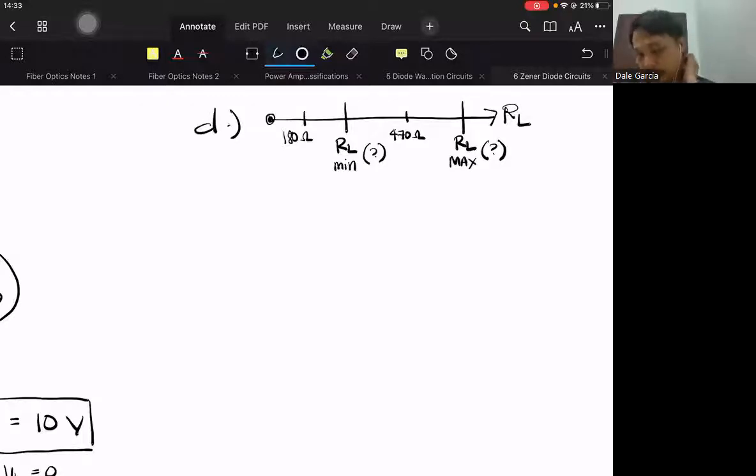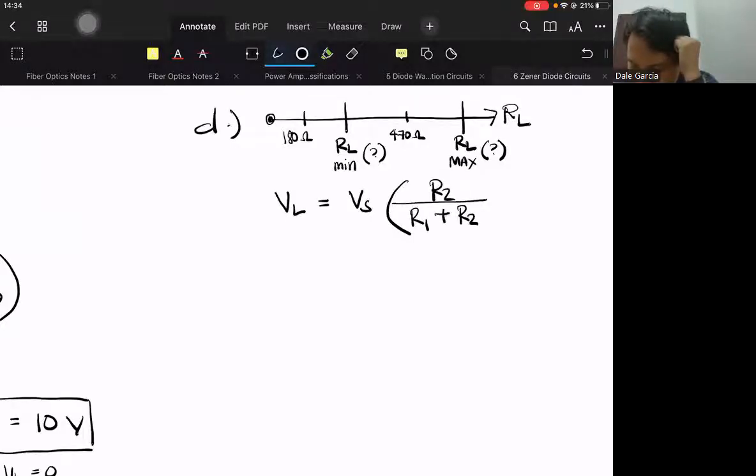We'll return to C later. Okay, D. To get the minimum value for RL, we'll still use our voltage divider formula: VL equals VS times R2 over R1 plus R2, with R2 being unknown.